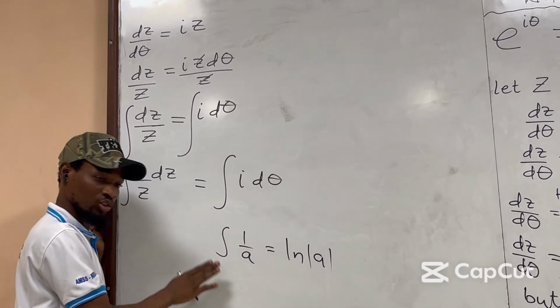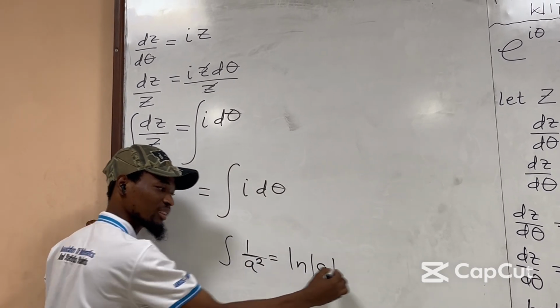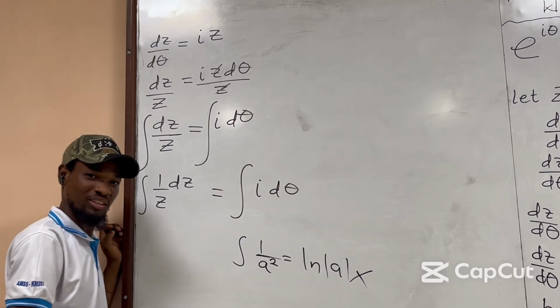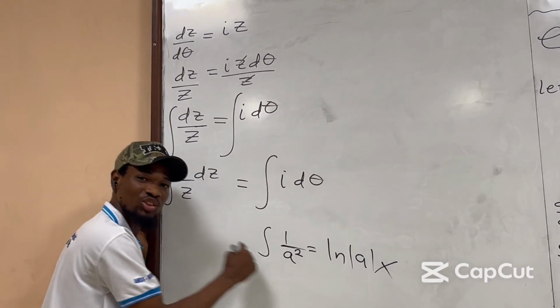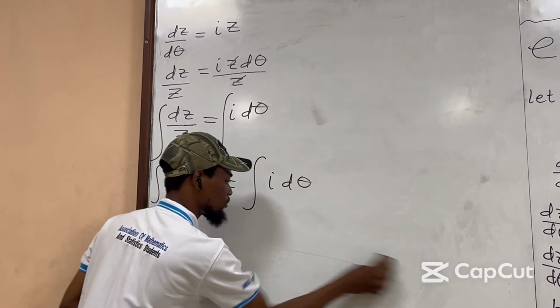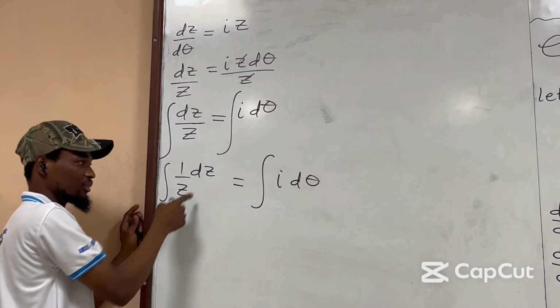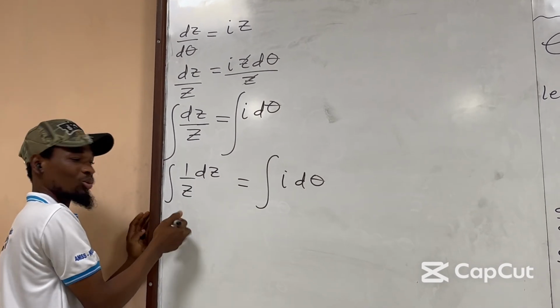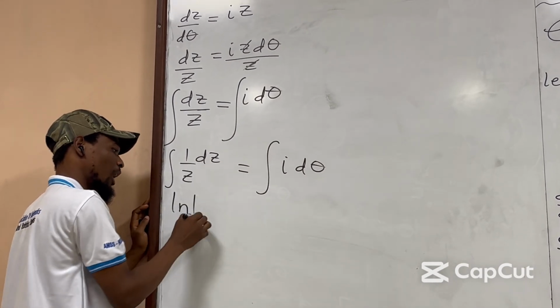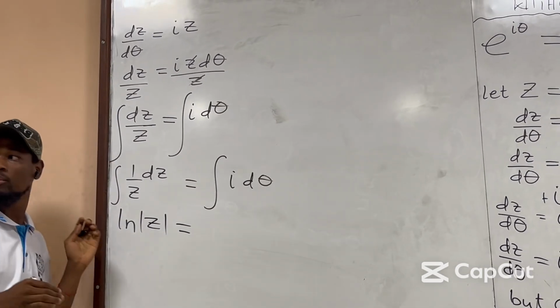Something like a squared won't hold because the denominator should be linear, and this is quadratic. So now you have 1 over z times dz, and this becomes ln of the absolute value of z.